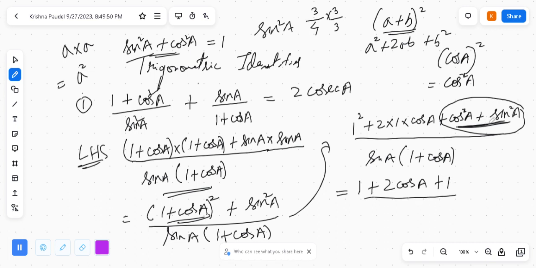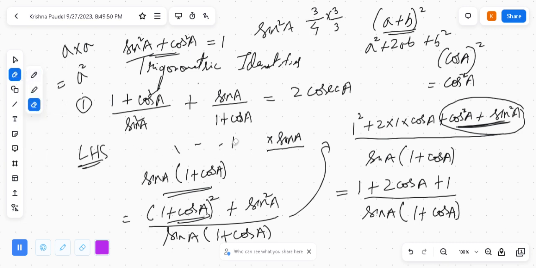So here we have taken the help of identity. So that's how you should know when to use or when to take the help of identity. So we got this. Then the next step will be basic algebra.